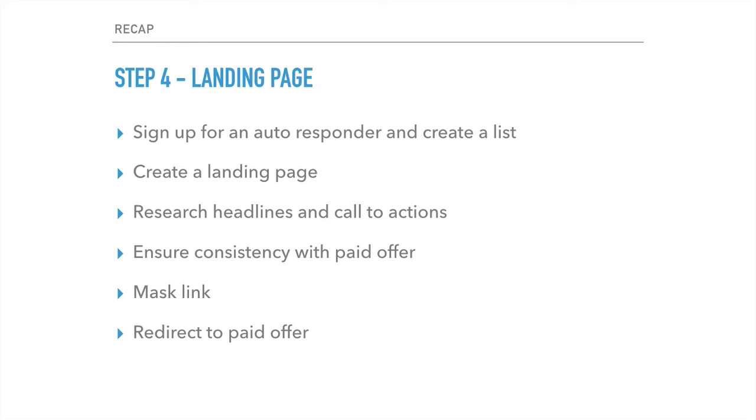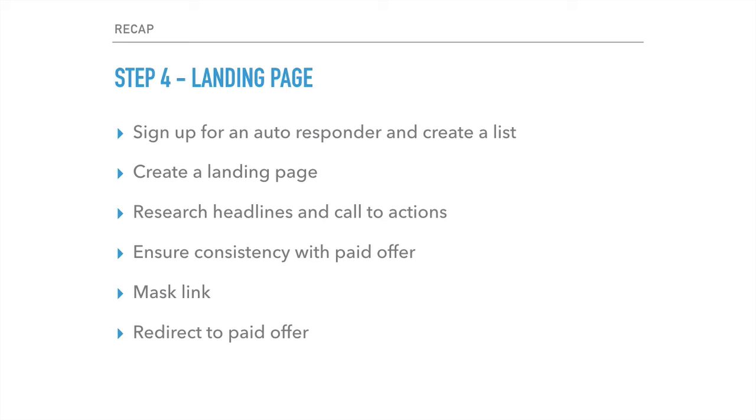And the call to action, you need to specifically tell people what to do, because people won't automatically do things that you want them to do. You need to say, click here to get your free gift now, and they will click it. Okay, you need to ensure that there's consistency with the offer.